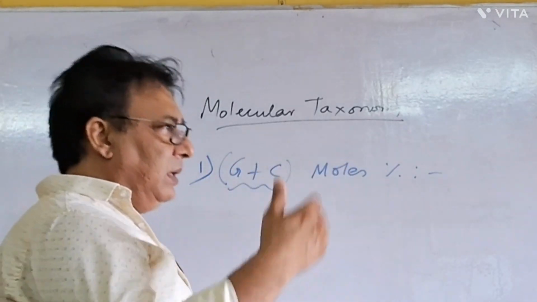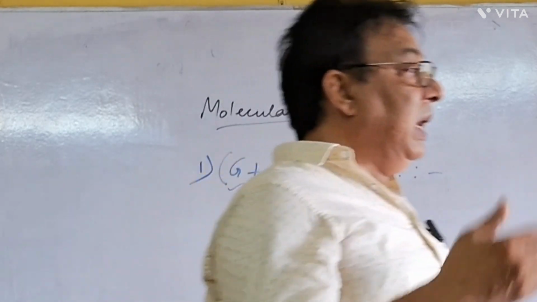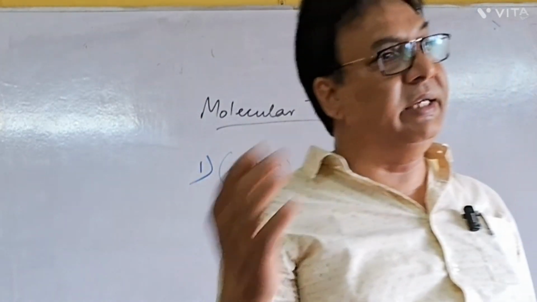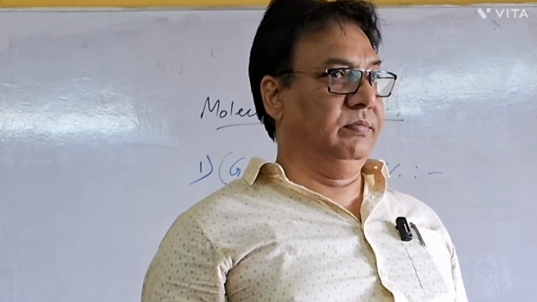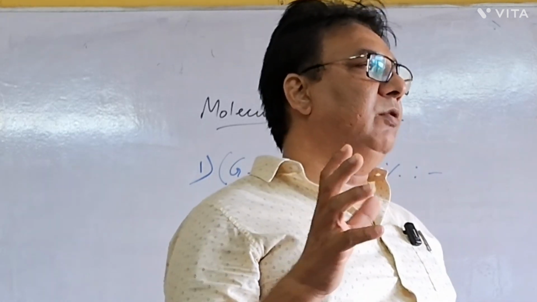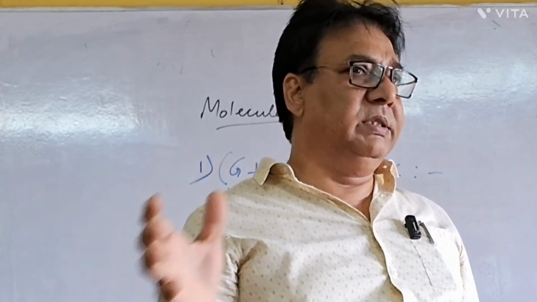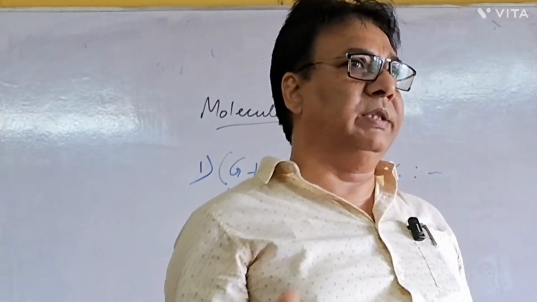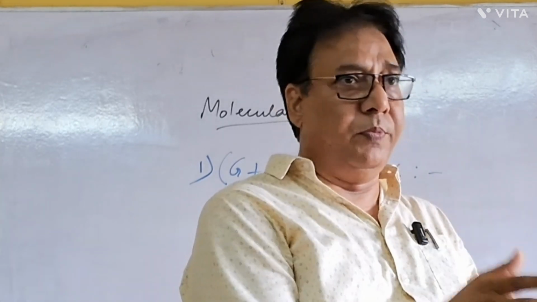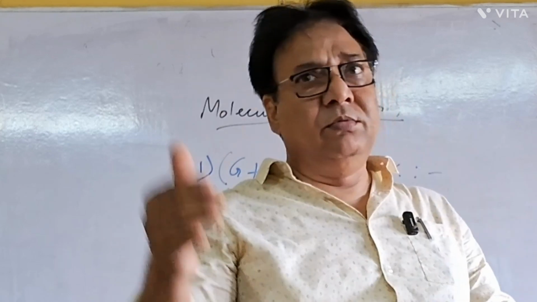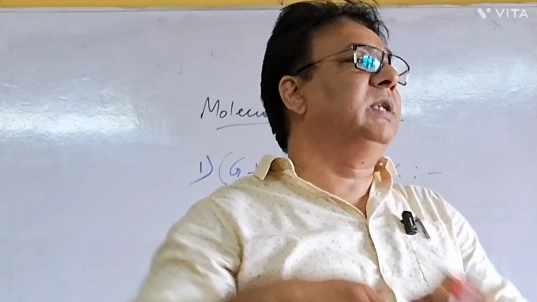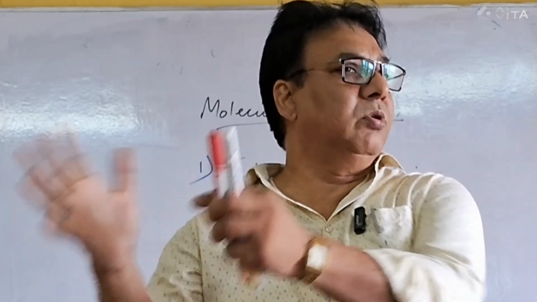Each organism, the genome of the organism, will have a different GC and AT composition. Depending on that, you can group organisms. These organisms fall into a certain G plus C percentage group, and another one falls in another G plus C percent group.